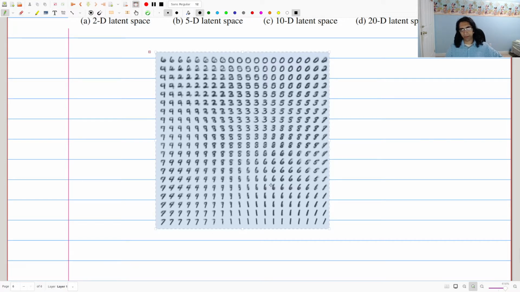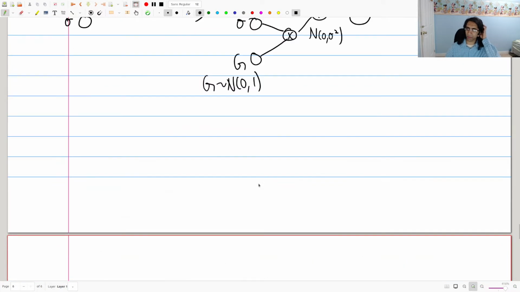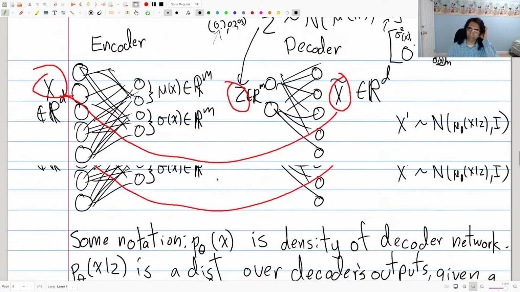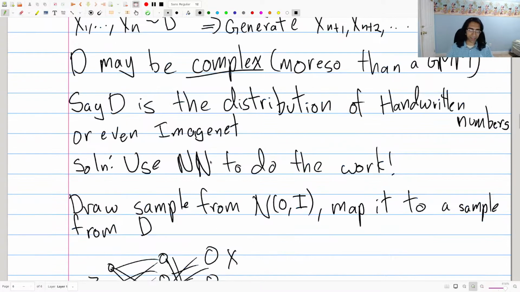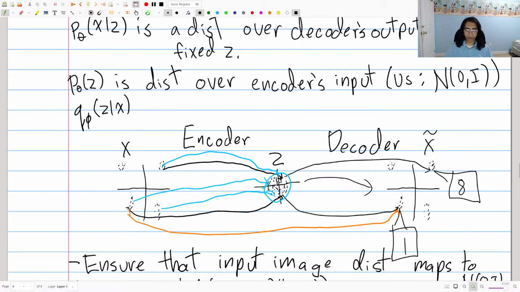Let me try to say one more thing about that, just to hammer that home. Let's look at this picture that I drew here, and recall the idea that we first took images and mapped them into this latent space Z. Okay, here's what I'm going to say.